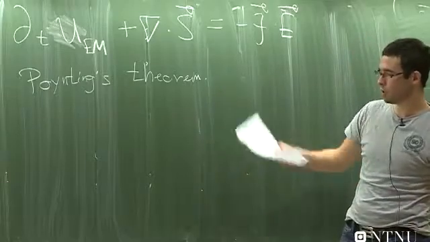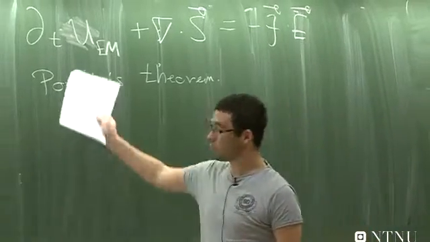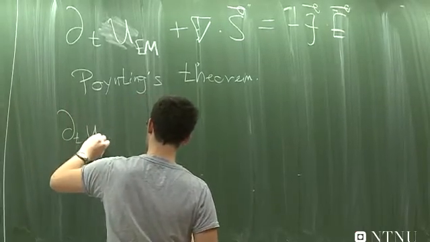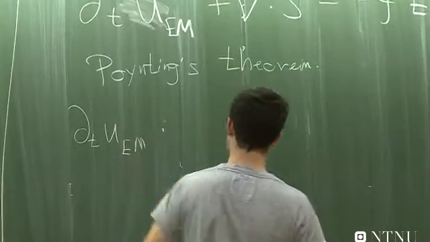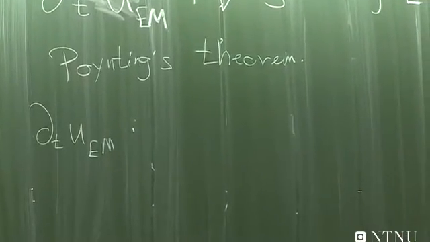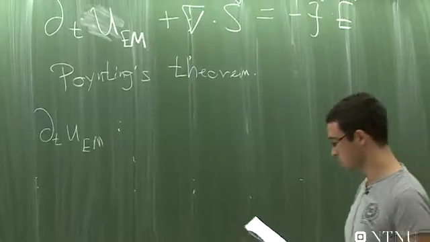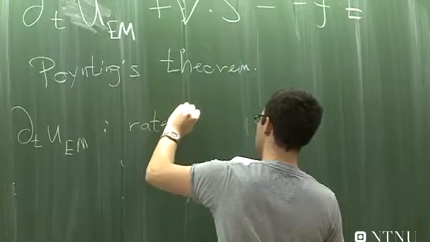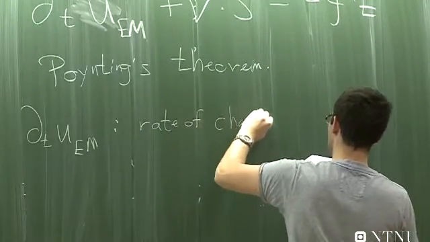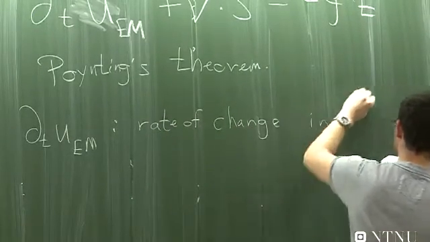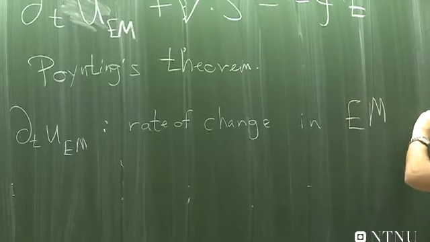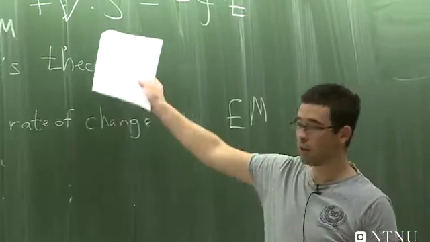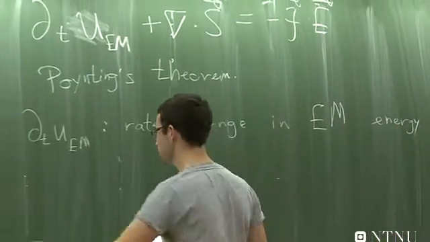Now for the physical interpretation in more detail. First of all, the time derivative here. This is the time rate of change in electromagnetic energy stored locally in the fields. Okay, and this the gradient of the Poynting vector.